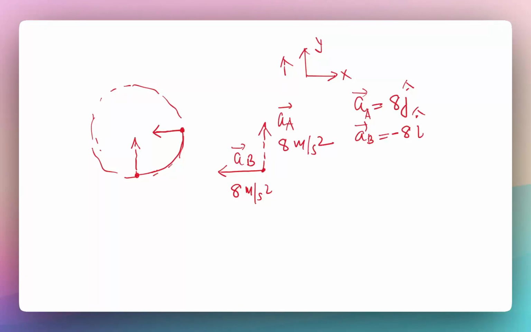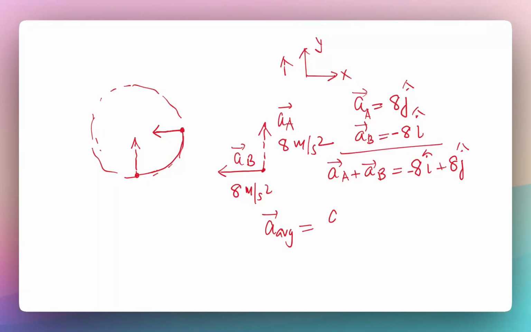Okay. So in order to find the average, we have to add them up. So let's add them up: acceleration at A and acceleration at B. This is going to be minus 8i plus 8j. It is convention to write the i first. So we have found the sum in vector format. Now, to find the average acceleration, we have to divide it by 2, right?